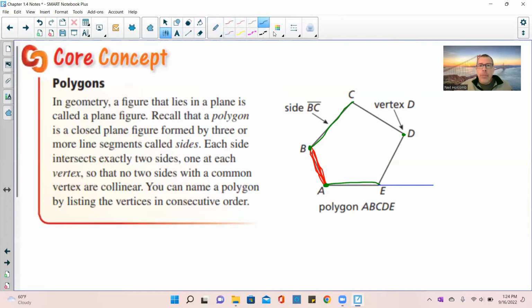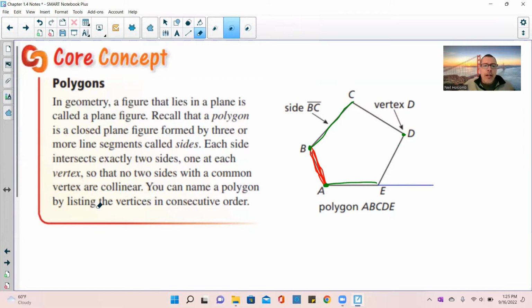If I put a dot there, D, then that whole side AD could be called a side. So there's no point on a side that breaks a straight side into 2 pieces. There is no point here, and this is not a side, and that's not a side. We just don't do that. So they are not collinear. Okay, so that's what they mean by that.